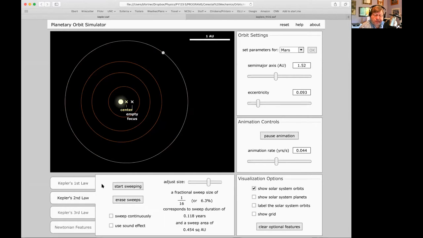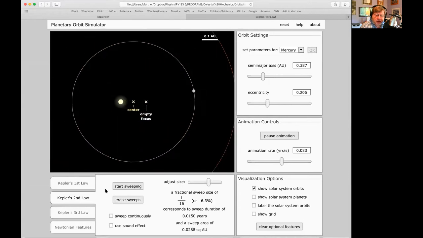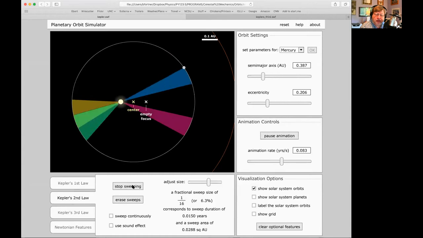Second law. Let's speed this up a little bit. Actually, let's go to Mercury so we can see things. So you can just see visually. Let's clear all that. Where it sweeps.